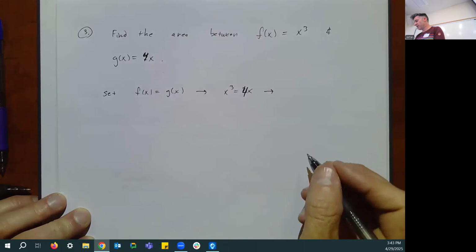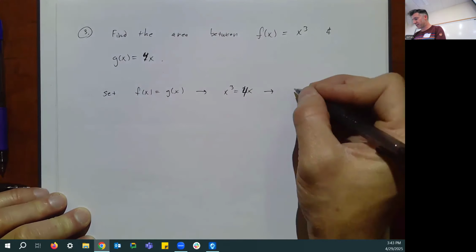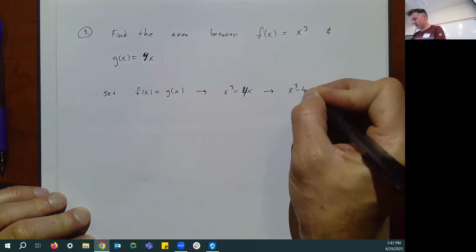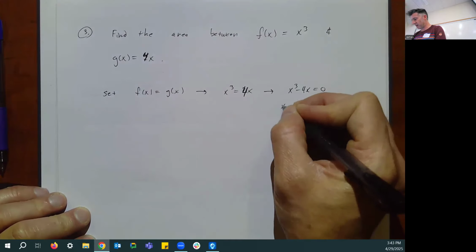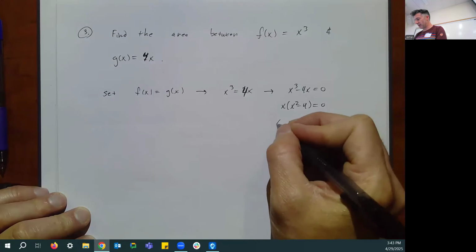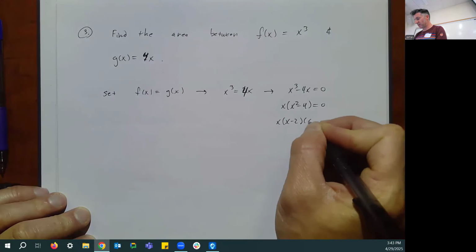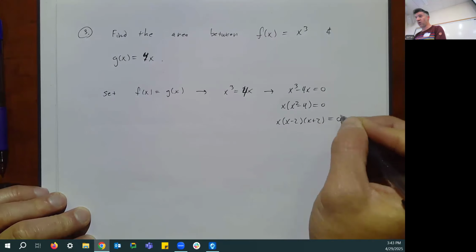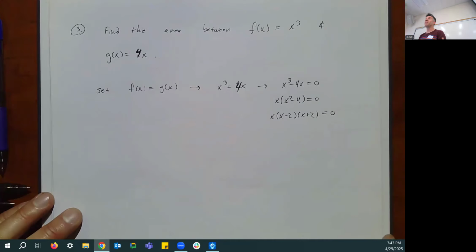So if we set x cubed equal to 4x, and then bring everything to the same side, and then factor out an x, we can factor further as x times x minus 2 times x plus 2. So in this problem, there are 3 points of intersection, not just 2.